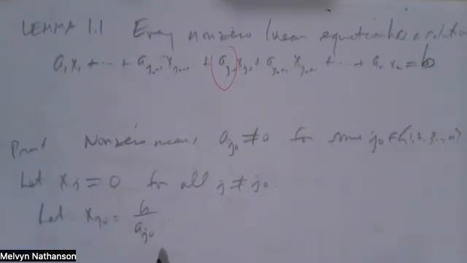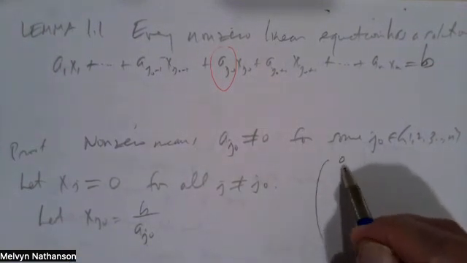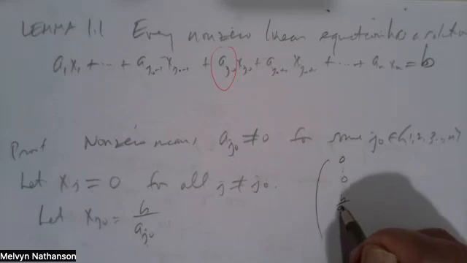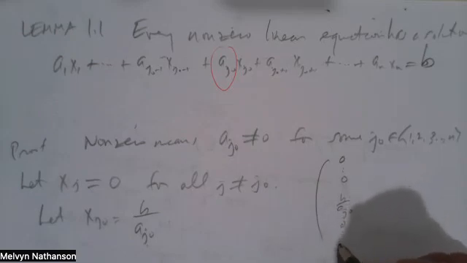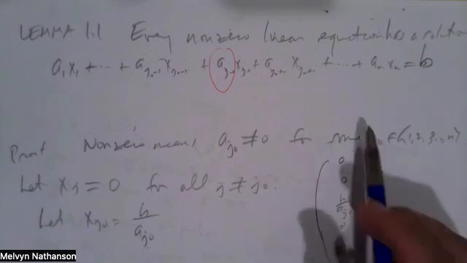This is permissible because you're dividing by a non-zero scalar. So I claim that this vector, with all zeros except at the j naught coordinate, where it is b over a j naught, and then all zeros, is a solution.